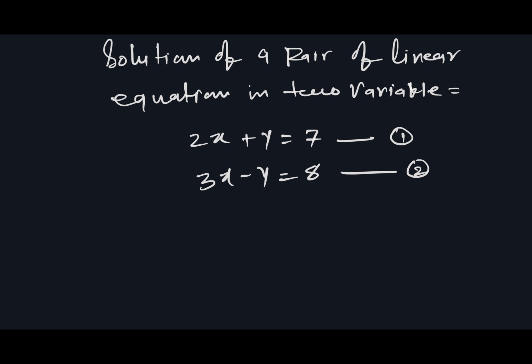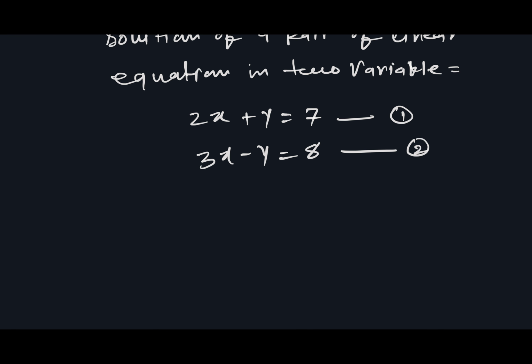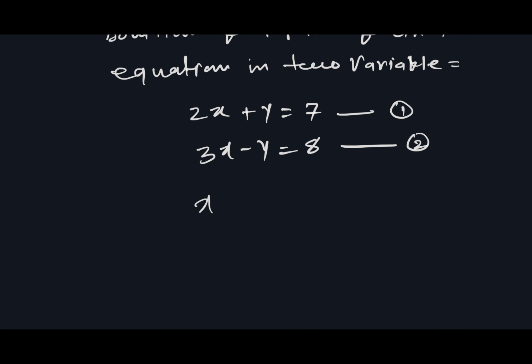There are multiple ways to solve these equations. First, before solving, we need to understand what is meant by a solution of a linear equation. It is a pair x and y such that if we put the values of x and y in equation 1, it will satisfy. Even the same pair of x, y, if we put in equation 2, it also satisfies.